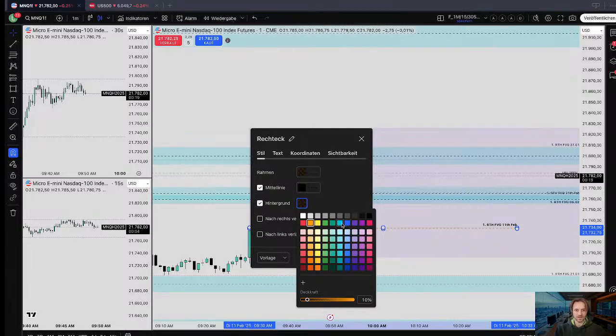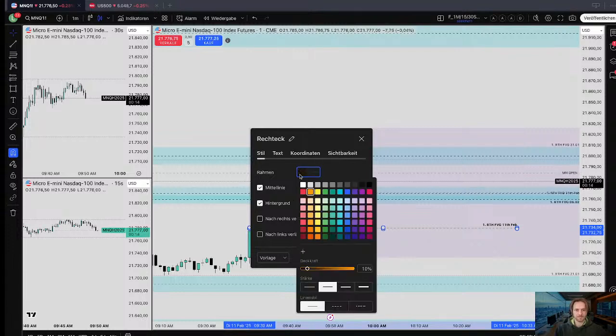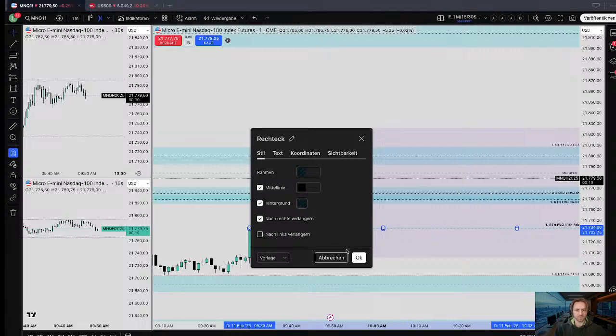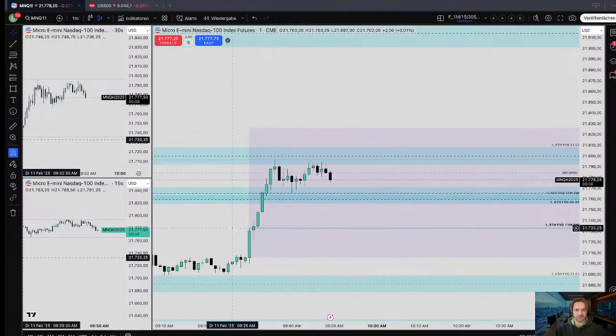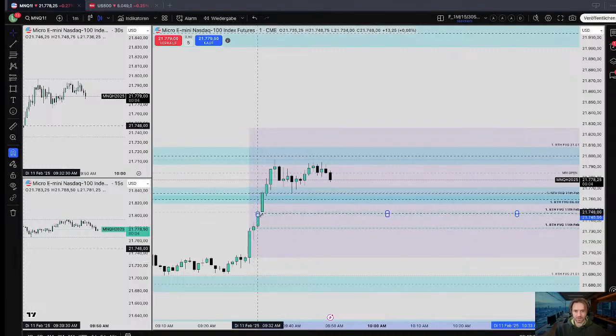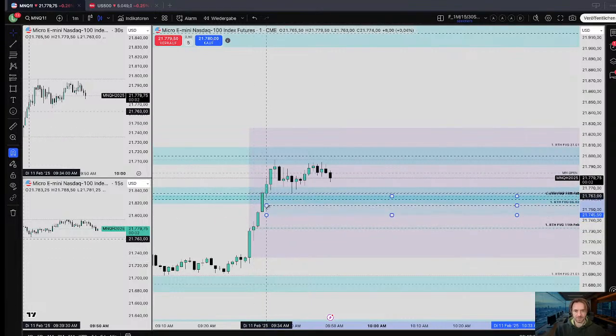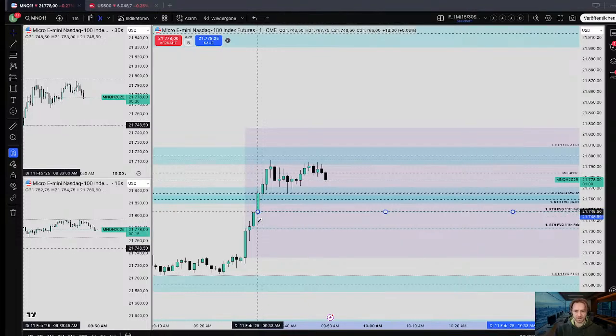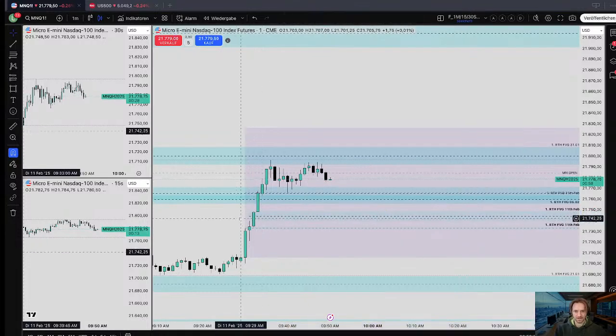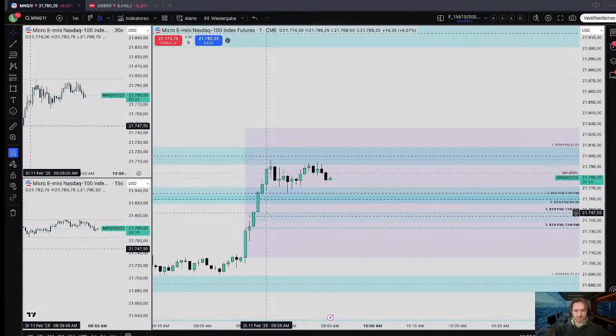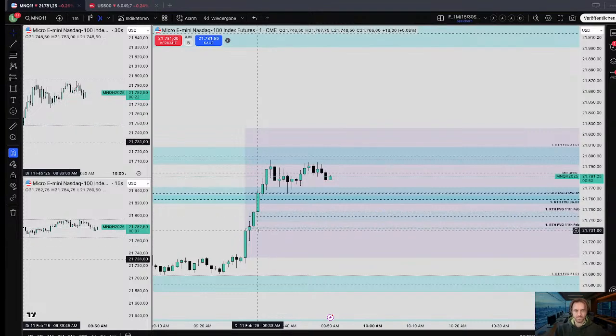Like those with displacement, like those who really are visible as fair value gaps, right? So I'm talking in terms of this is enough. This up here would be enough for me because it's not a really huge displacement, but there is more to it. Like there we got this small volume imbalance.